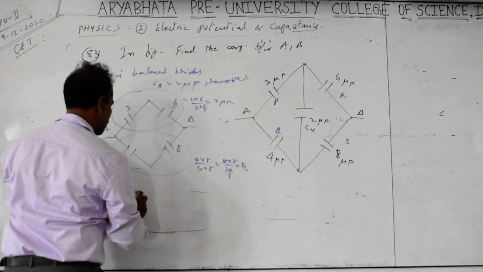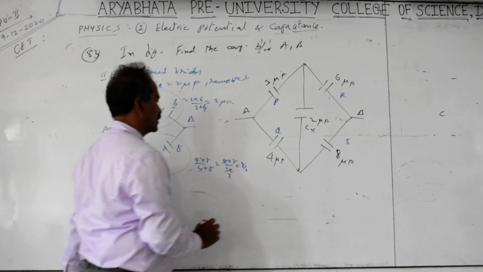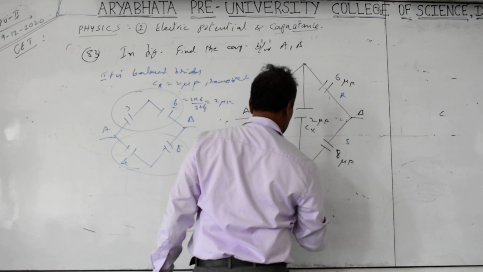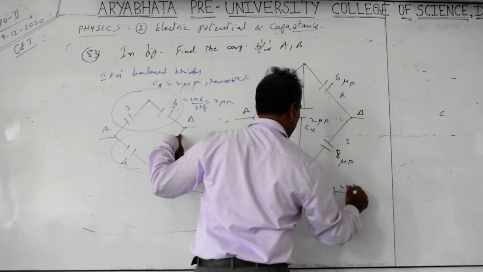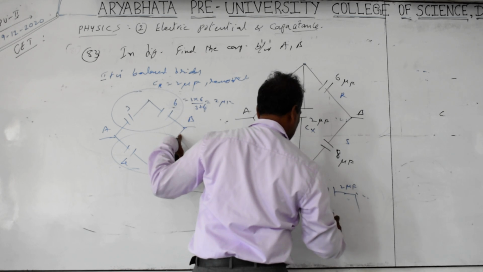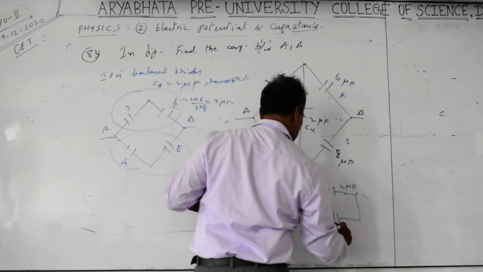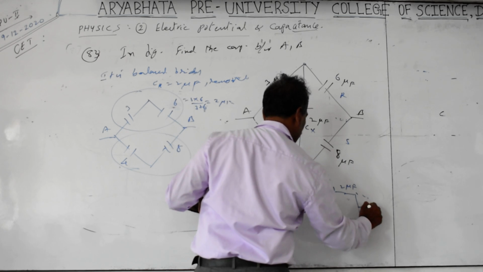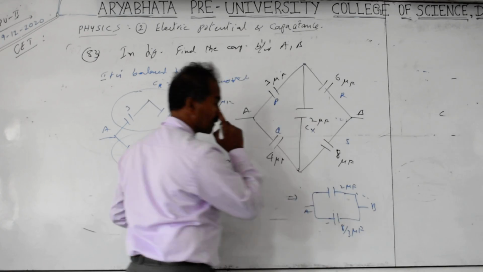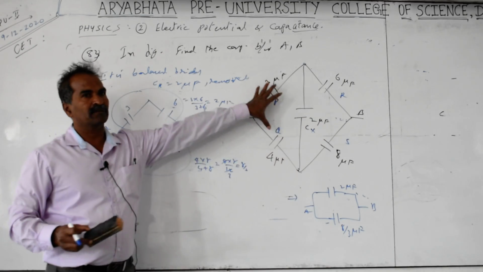So the resultant, the final result: this top capacitance is 2 microfarads, bottom capacitance is 8 by 3 microfarads. This is A and B. You must be able to work out only in the diagram, this rough work only.